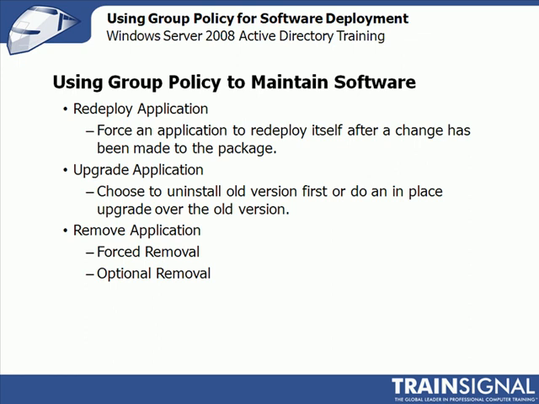Well, one option is to redeploy the application. You can force an application to redeploy itself after a change has been made to the package. Let's say you have a package that you already deployed, and some users already have received that software.